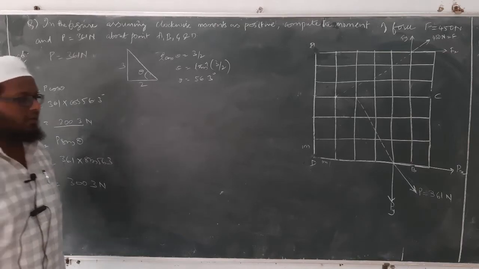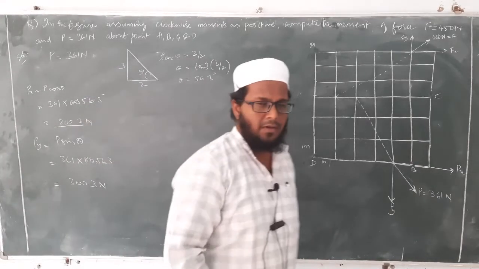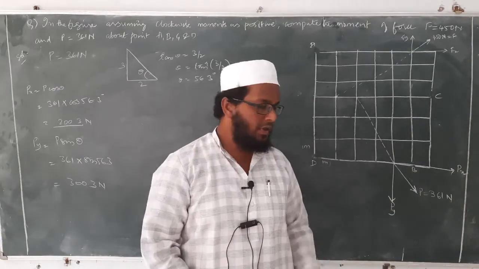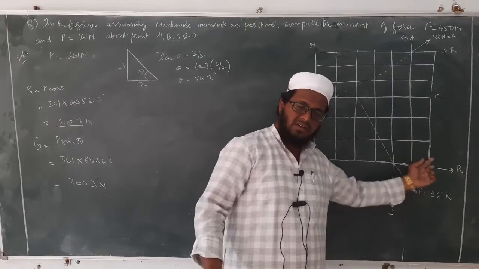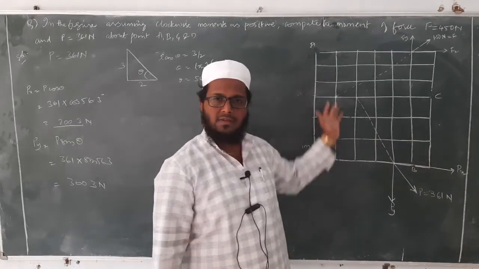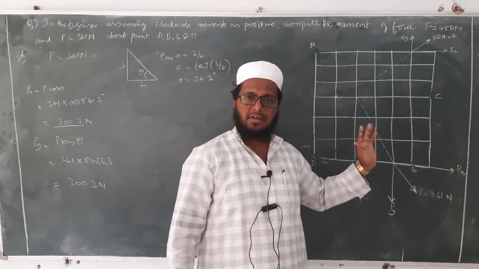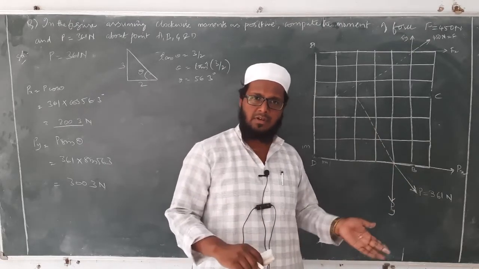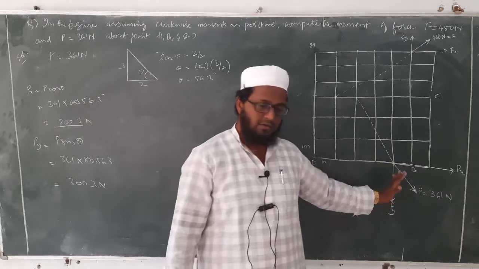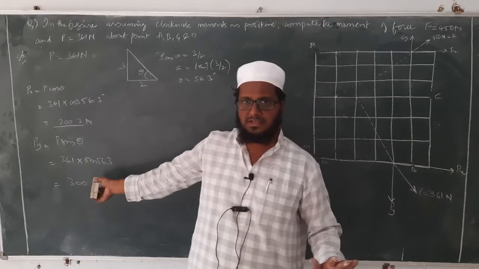Once you calculate your Px and Py, we can go for the calculation of moments. Now you might be thinking, sir, it is in the fourth quadrant, so negative, positive. We do not have any xy axis here. So instead of going for positive, negative, in the calculation of moments, whatever values you have, you keep them as they are.